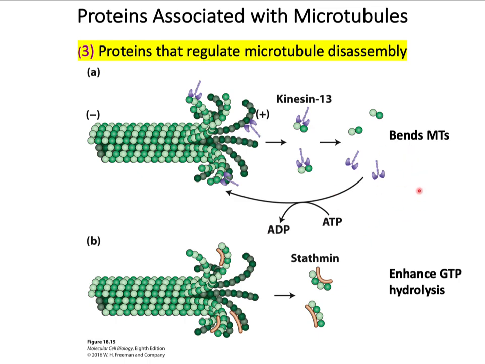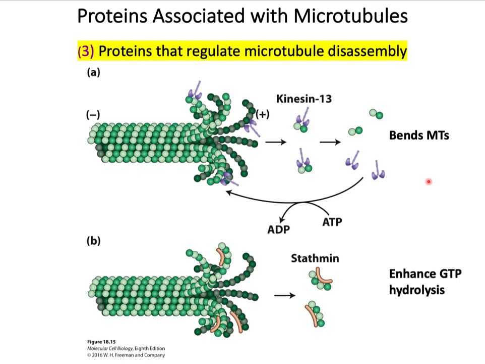Kinesin 13 is interesting because it is actually a part of the family of microtubule motor proteins known as kinesins. These proteins are plus end directed motors, which means they move along the microtubule filament from the minus end to the plus end. Kinesin 13 is put in this family of motor proteins because of its homology to these proteins.